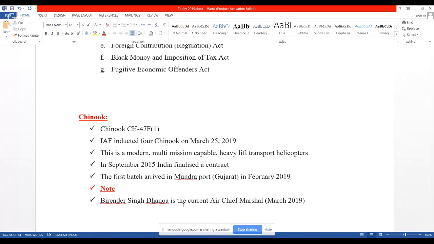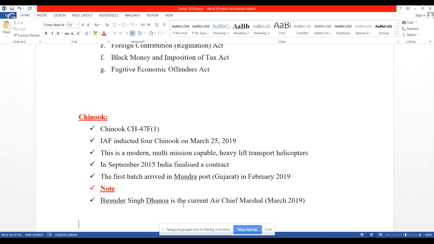There is no doubt that our military strength will get strengthened more and more with the induction of these Chinooks. The contract was finalized in September 2015 after the formation of the government by Mr. Narendra Modi, right? The total number was 12, and 12 were supposed to reach India.